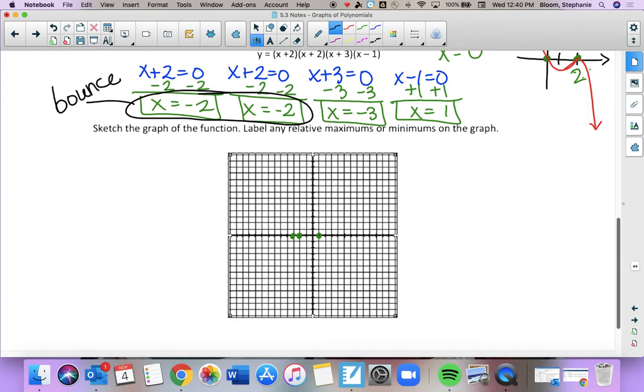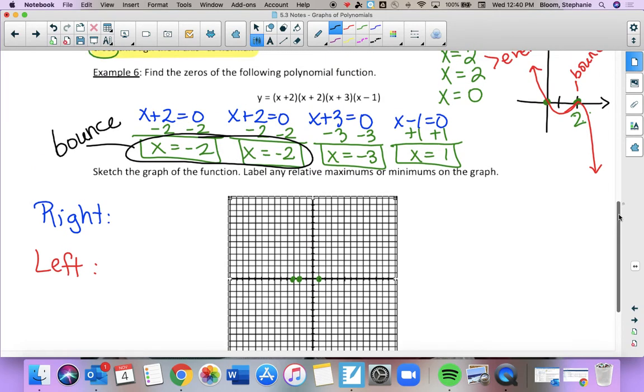But before I can do that, we have to know what the right side of my graph is doing and what the left side of my graph is doing. So this is like what you just did earlier. I'm going to take that function that was in factored form and write it here. What's the only thing I need to look at to tell right and left behavior?